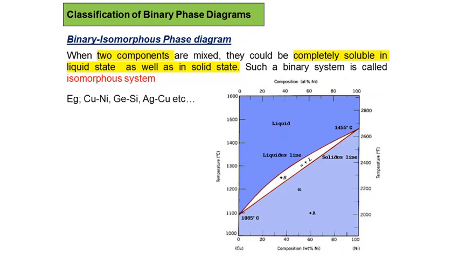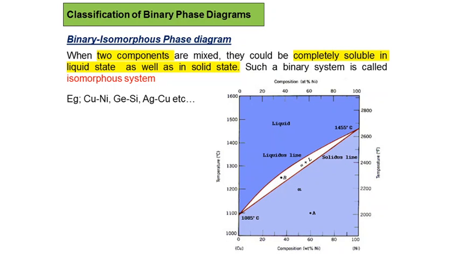So in this phase diagram you can identify three regions. The region above the line called the liquidus line is the complete liquid phase, and the region below the solidus line we call the complete solid phase. The region marked in white, which is alpha plus L, represents the inner white region, inside the liquidus and solidus lines, which we call the liquid plus solid phase.